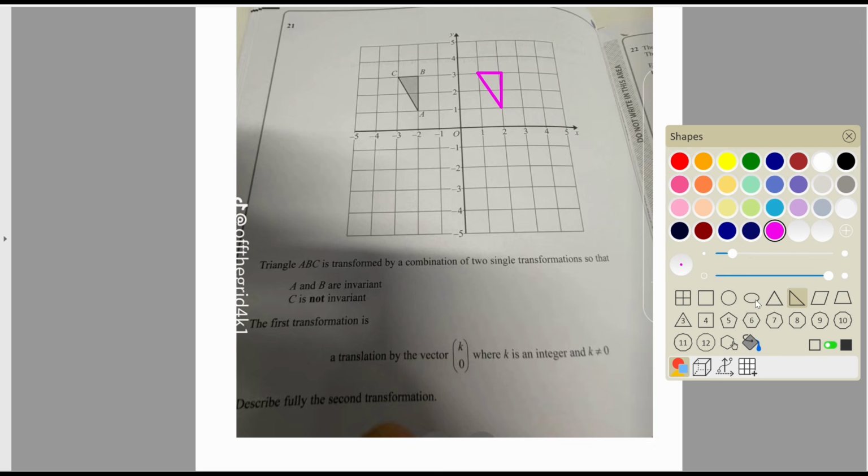so it's actually going to be here. No, not like that. So the best place for it to be is here. Then when I reflect it, it's better to reflect it on the y-axis.